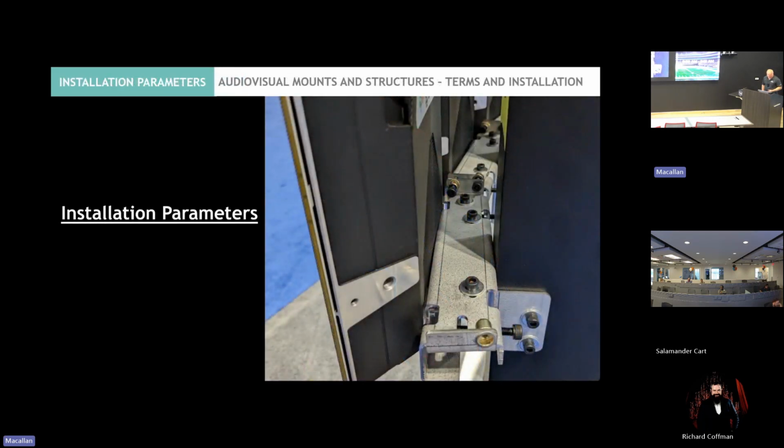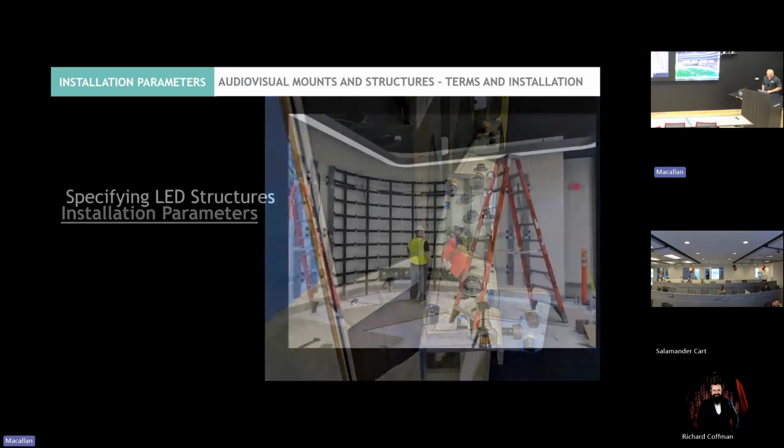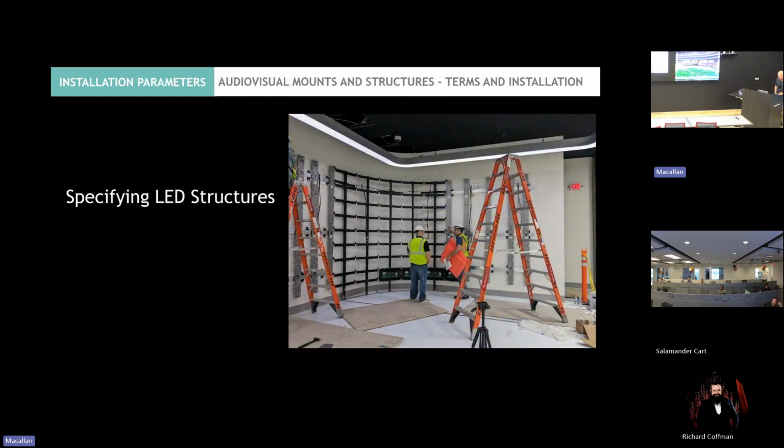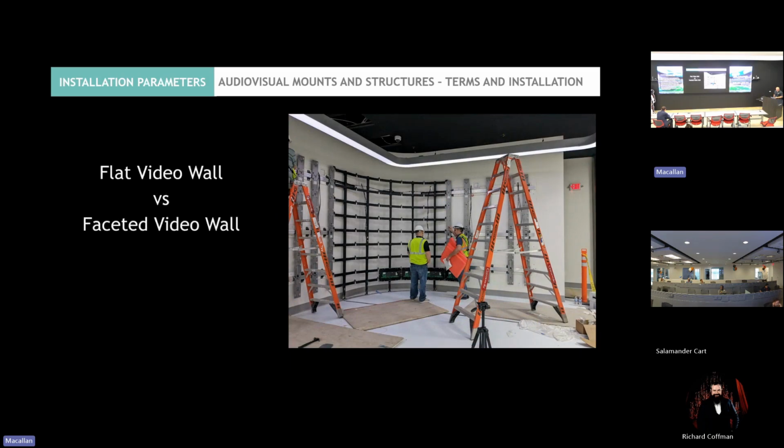Now, when we talk about installation, there are a lot of parameters. I've kind of touched on them, but specifying the LED structures is just an understanding of what the application is. If you're doing a flat wall, does your mount have enough adjustment left, right, up, and down to cover the entire wall?